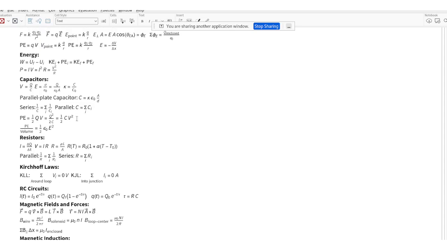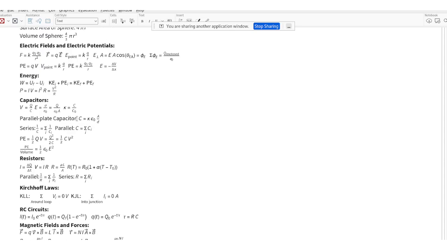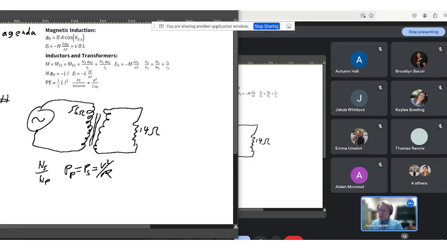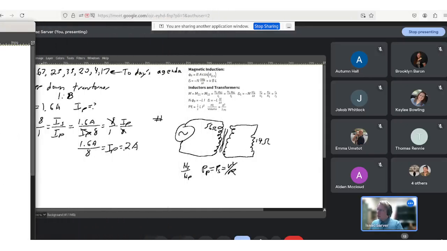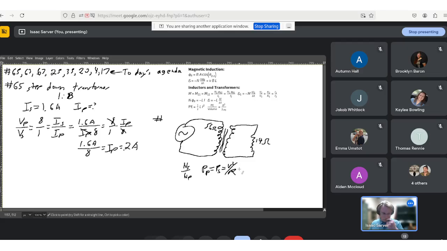Is that equal to, in particular, V squared on R? So we have that V on the primary squared over resistance on the primary is equal to V on the secondary squared divided by resistance on the secondary.